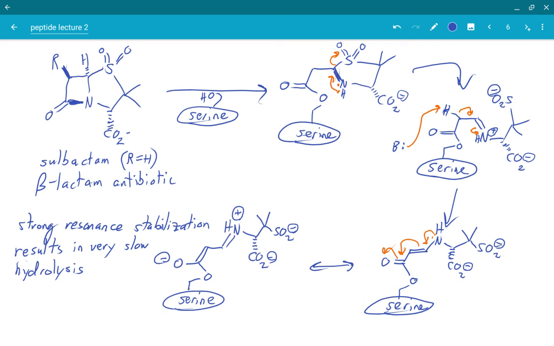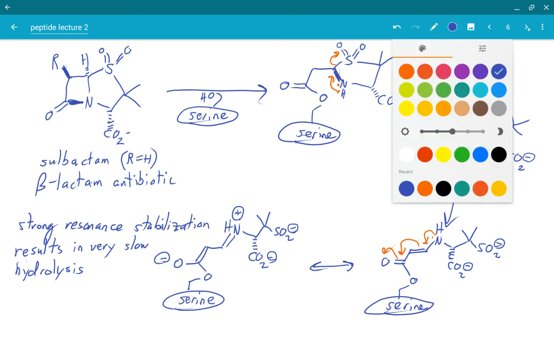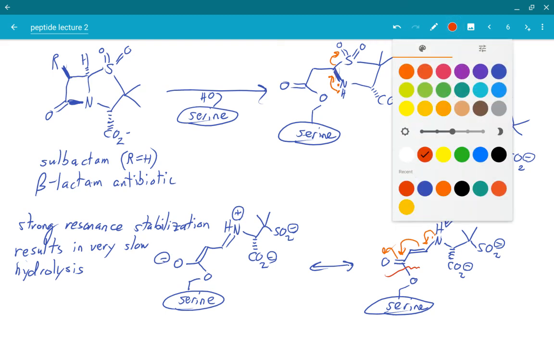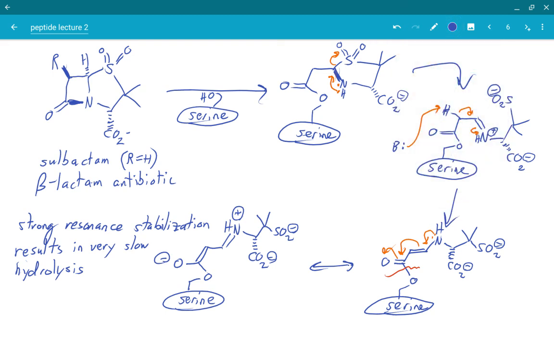And so normally, serine esters are readily hydrolyzed, and this would fall off. Right? We could imagine in a general sense that we can pretty easily hydrolyze that bond. But what we find is that in this case with sulbactam, that ester is much more stable.